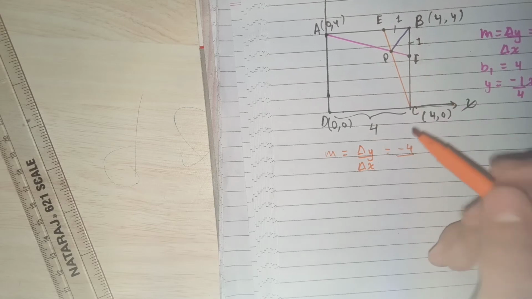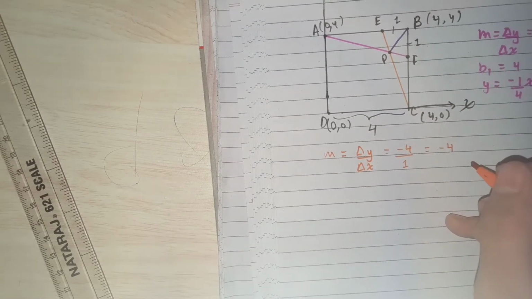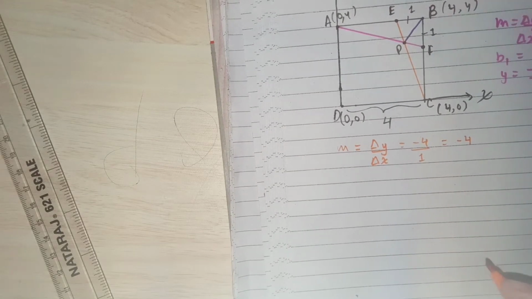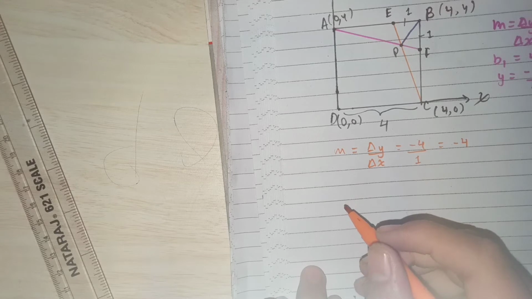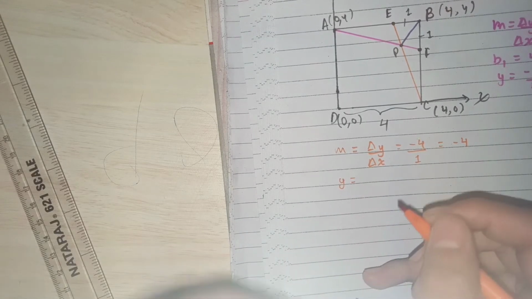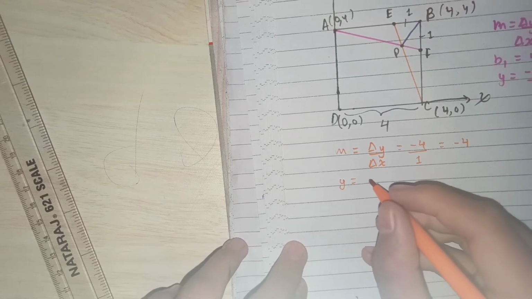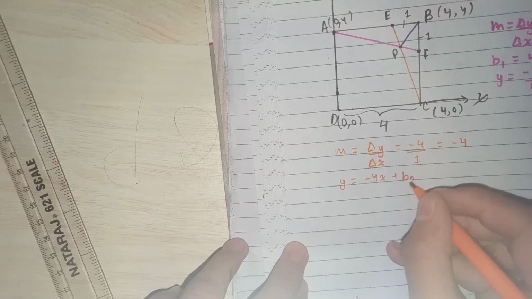I move forward by 1, so -4 is my slope. Now what is my y-intercept? Let us figure it out. I know the equation would be in the form y equals mx plus b, so y equals -4x plus whatever b2 is.